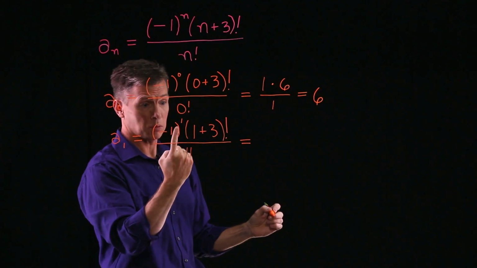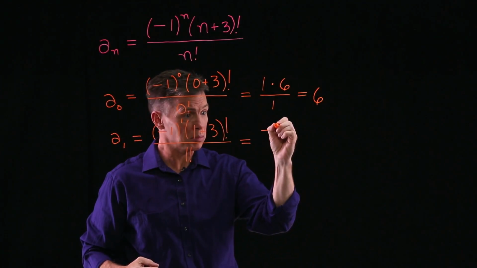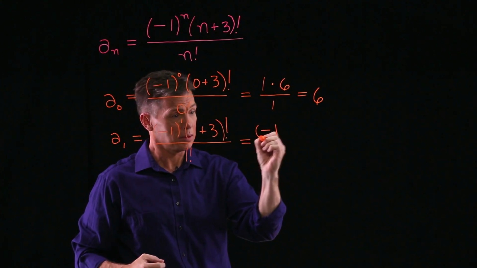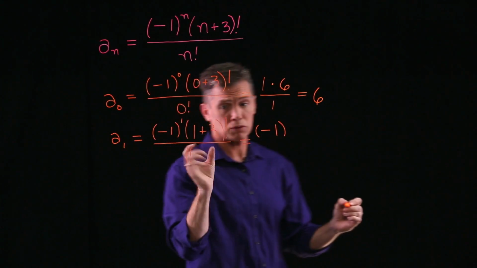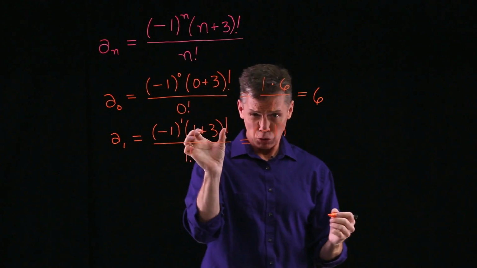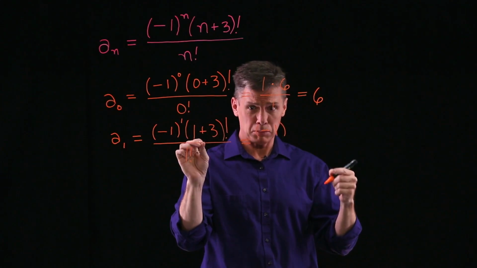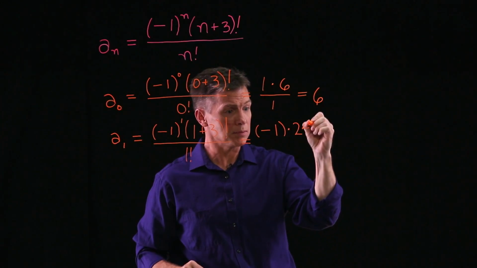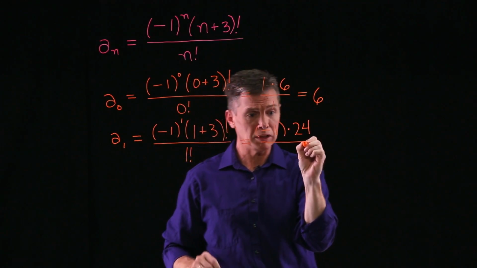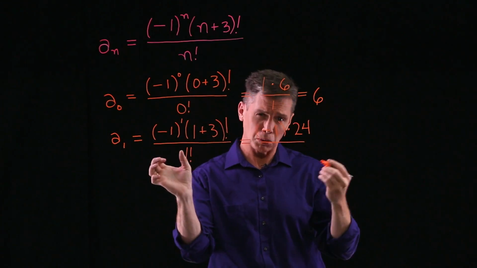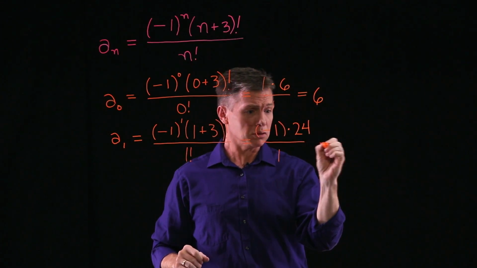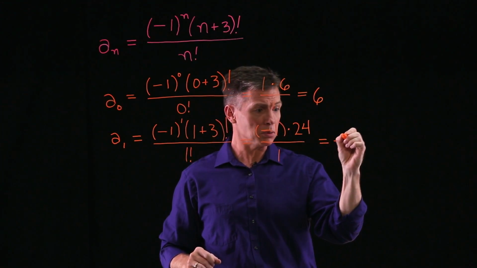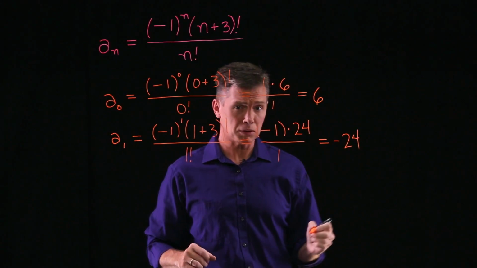So negative 1 to the 1 power will give me a minus. 1 plus 3, 4 factorial. 4 times 3 times 2 times 1. That's going to give me 24. And even the denominator, I should address it. Just 1 factorial, that's 1. So I'm getting a negative 24 for my second term.